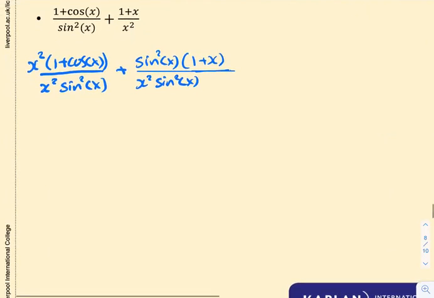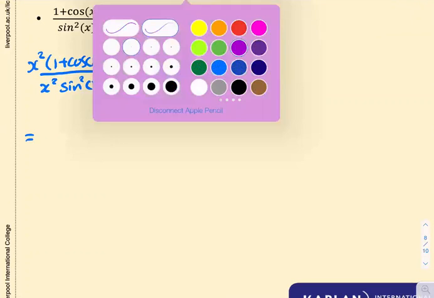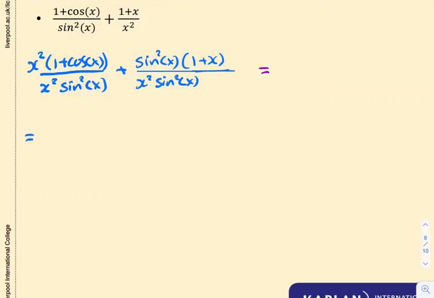I'm going to go through it in detail. Write it down here. It's going to be x squared times 1 is x squared plus x squared cosine x over x squared sine squared, plus this sine squared times 1 is sine squared.